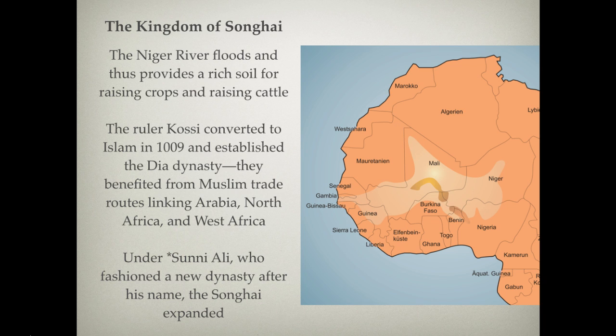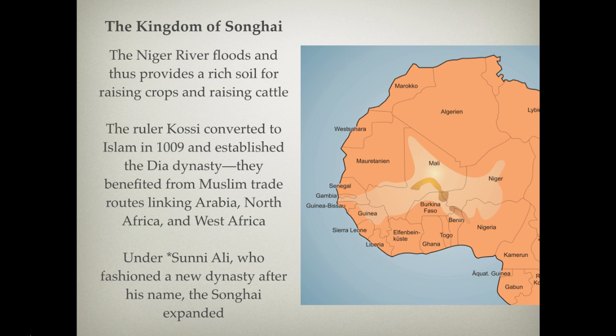We really see the Songhai stepping into what Mali had established. But under Sunni Ali, who had taken power there, really fashioned a new dynasty after his name, and that really becomes the Songhai.